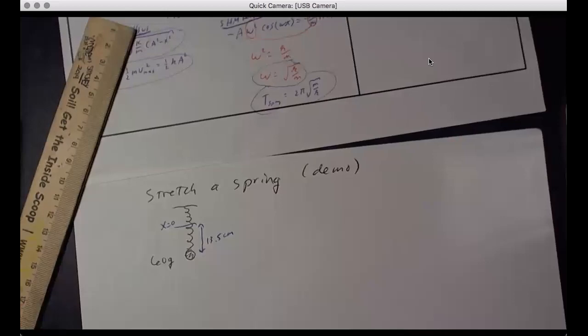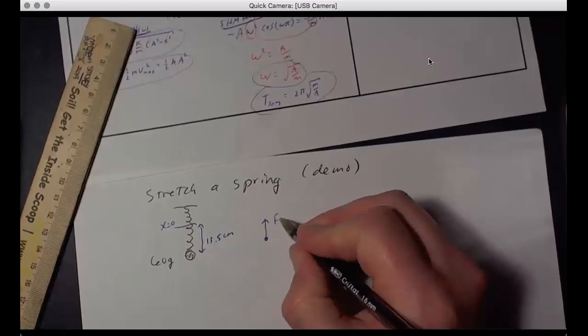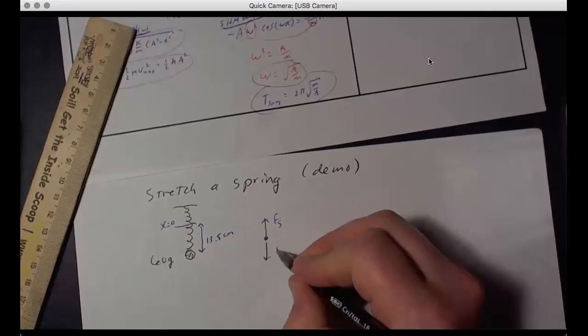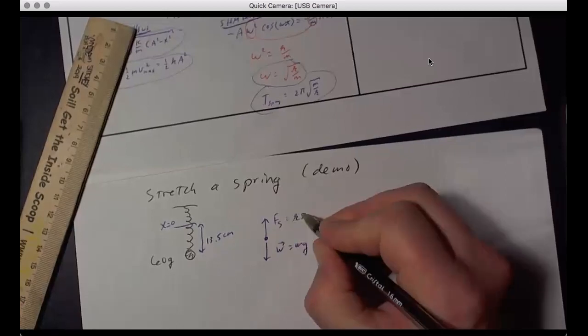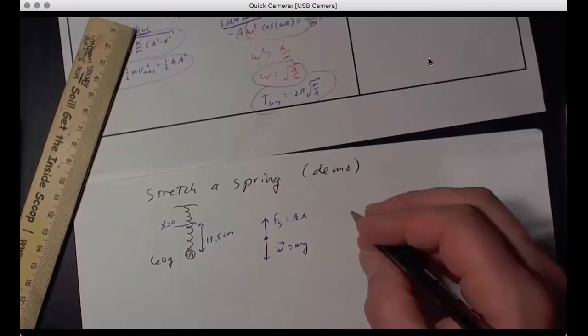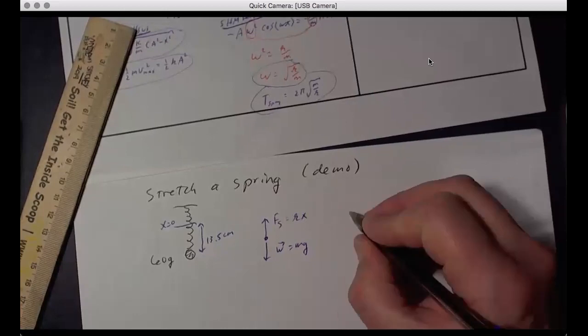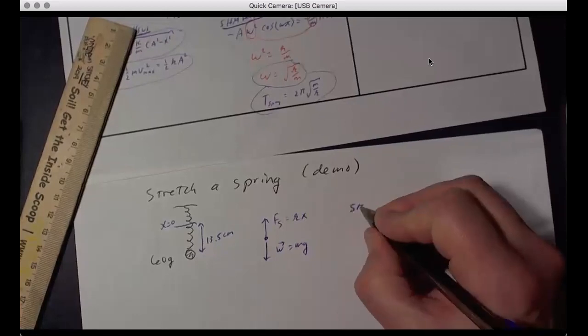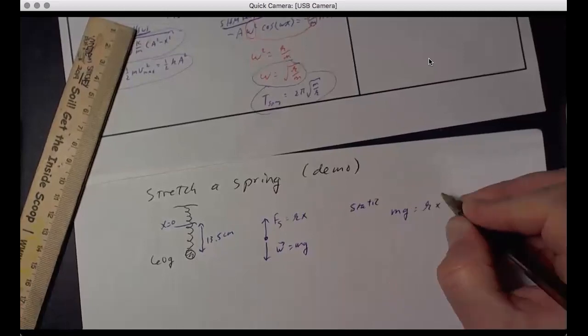If we look at the free body diagram, it's the spring going up, it's the weight going down, mg, kx, they must be equal because it's still sitting there. So statically, mg is equal to kx.